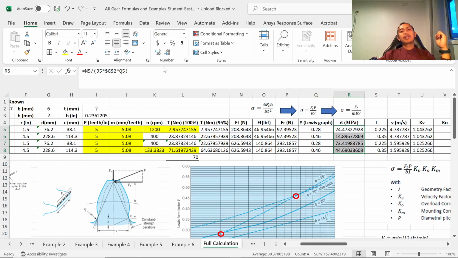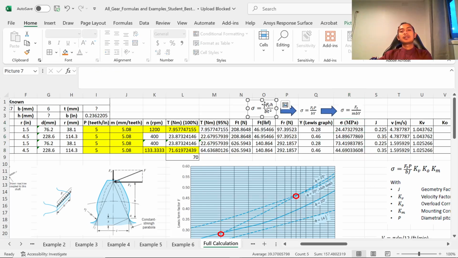The big deal is the bending stress here. So we calculate this one, the theoretical.